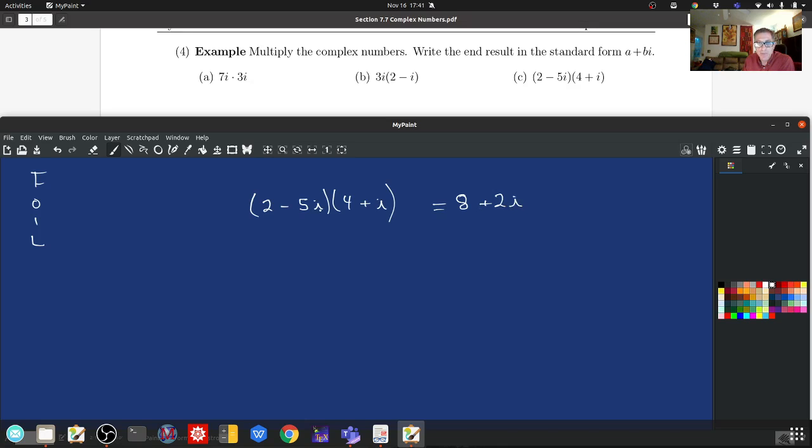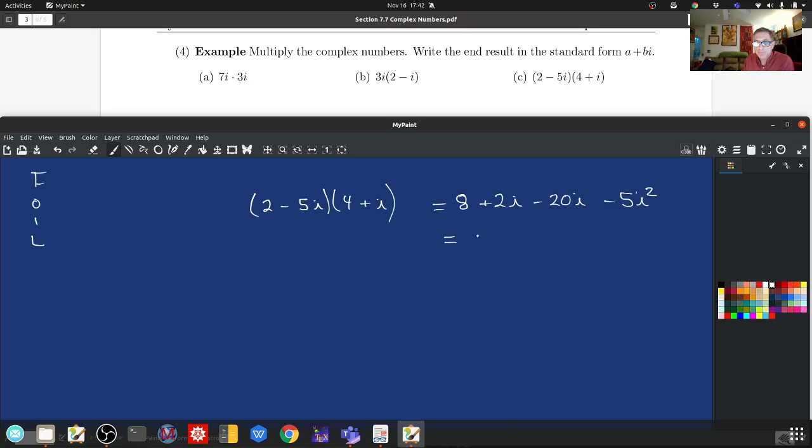My inner is minus 5i times 4. That's minus 20i. Remember, just treat the i as if it were an x, but you've got to be careful because i squared is minus 1. And then I do the last. That's minus 5 times i, that's minus 5i squared.